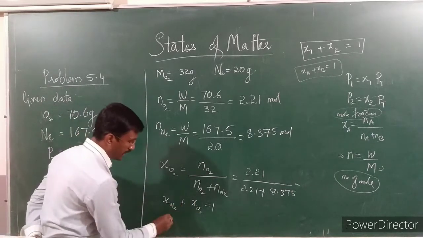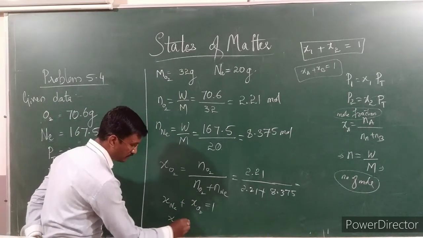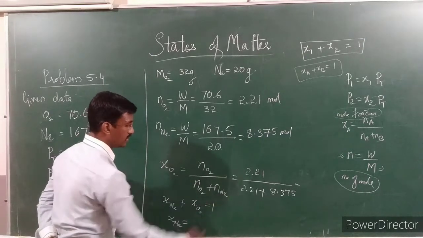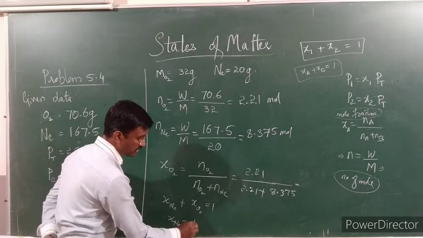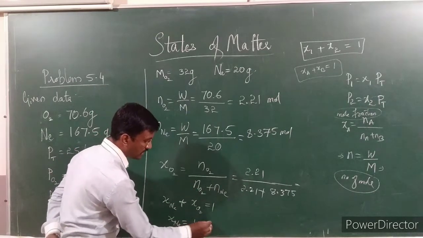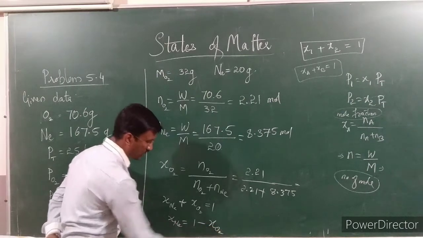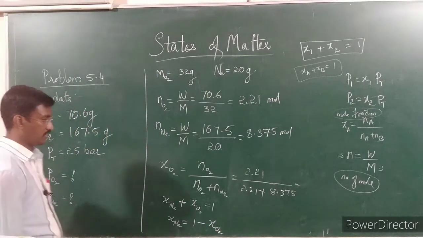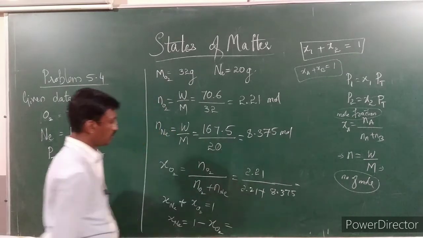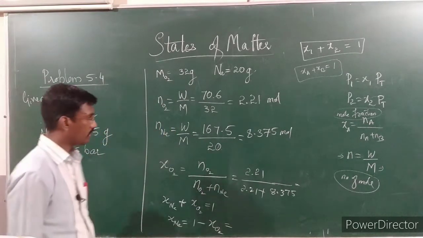So to calculate the mole fraction of neon, we send the mole fraction of oxygen to the right side. Therefore, what remains as it is, plus x; if it is pushed to the other side, it becomes minus x1. That is, the mole fraction of neon is 1 minus x1. So just put in these values and calculate this one.